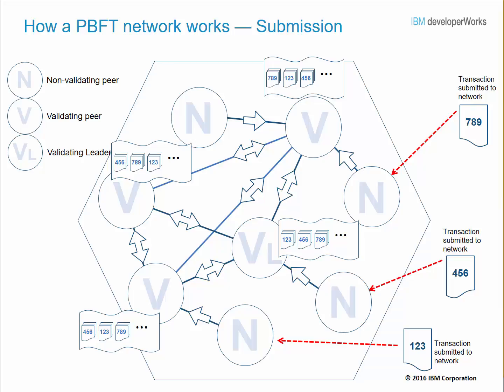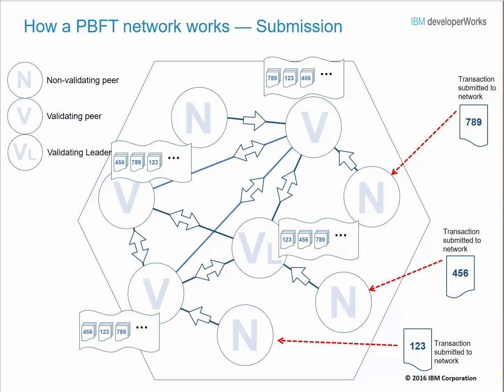Now let's look at the details of submission. As you can see from our diagram, we have three sets of transactions being submitted to the network from various sources. These are being submitted to non-validating peers and then being passed on to connected validating peers or validating leaders. It's important to note that because of the distributed nature of the network, the transaction sets may not arrive at the validating nodes or validating leaders in the same order in which they were submitted to the network.